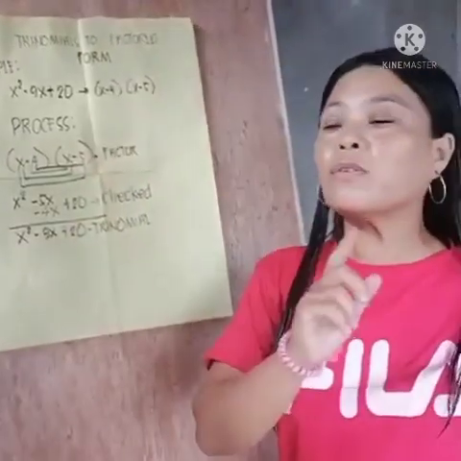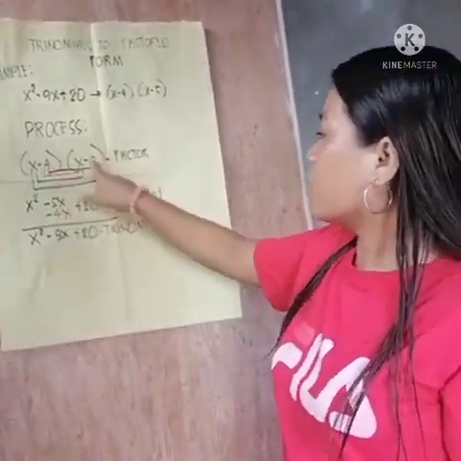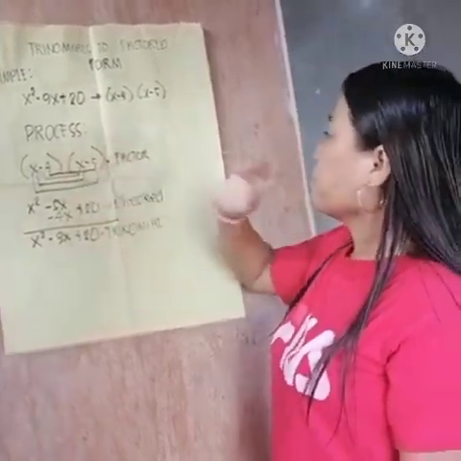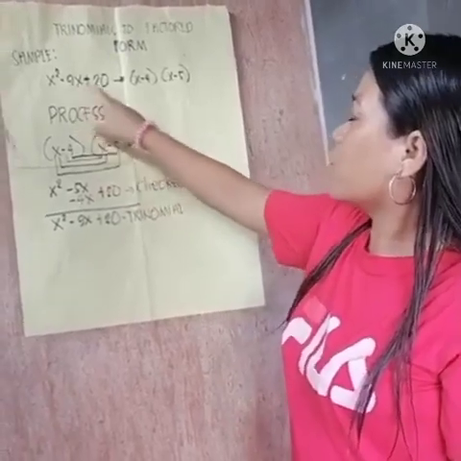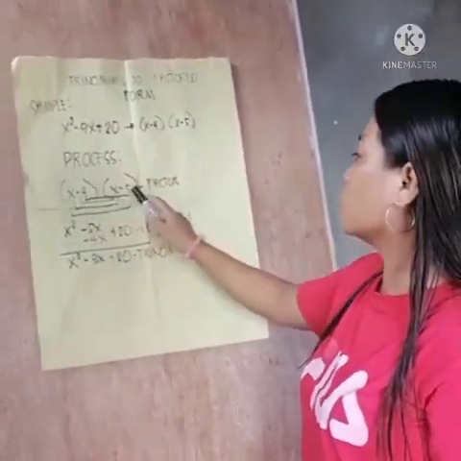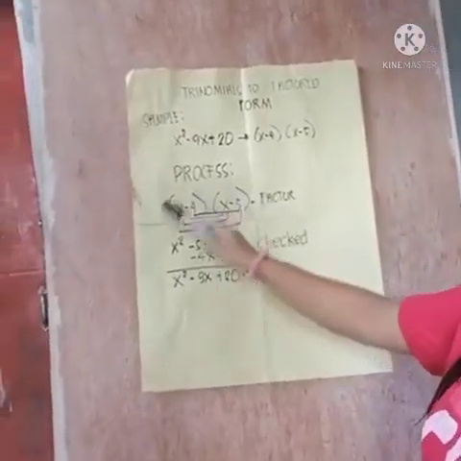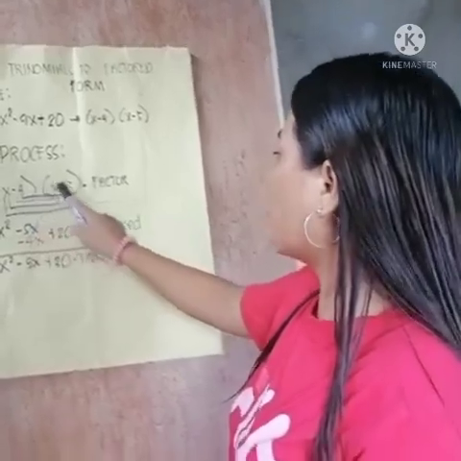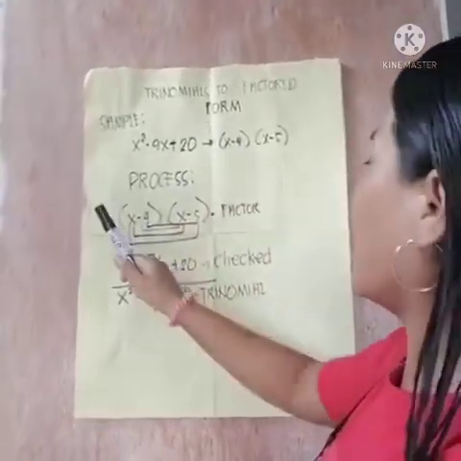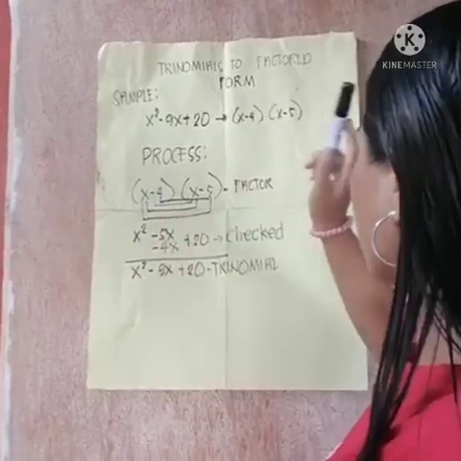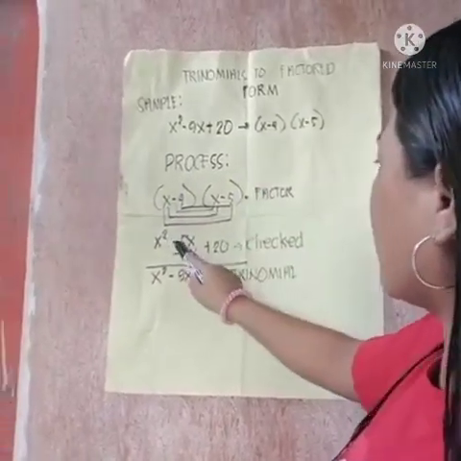So how are you going to check if it is correct? If it is the factor of x squared minus 9x plus 20, we must multiply the two factors. First, the first column is x squared. X times x equals x squared. X times negative 5 equals negative 5x.